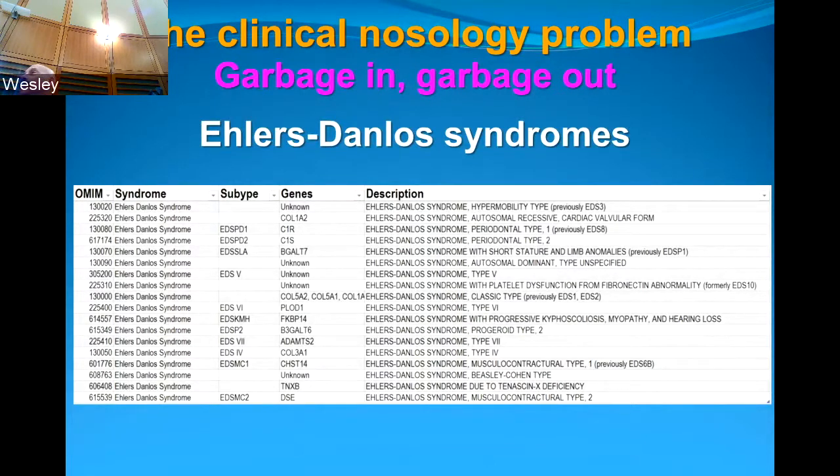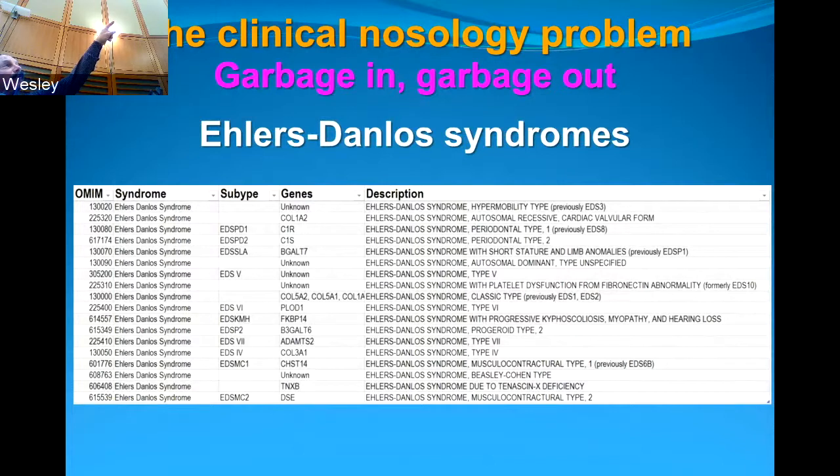And the OMIM numbers give you a unique identifier, but they're far from perfect and they're far from complete. And there's also a lot of garbage in there, it turns out. So this is the kind of problem that we're dealing with. And I've done this now for about 10 different syndromes where there are many, many subtypes. And teasing them all apart is not so easy.